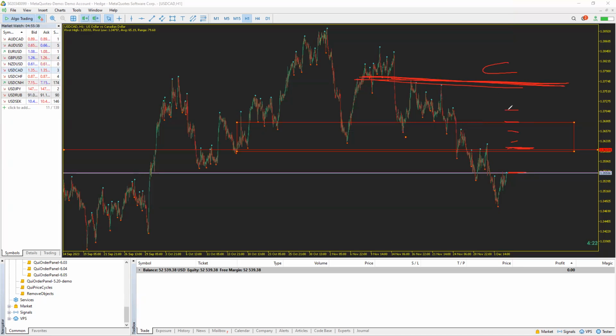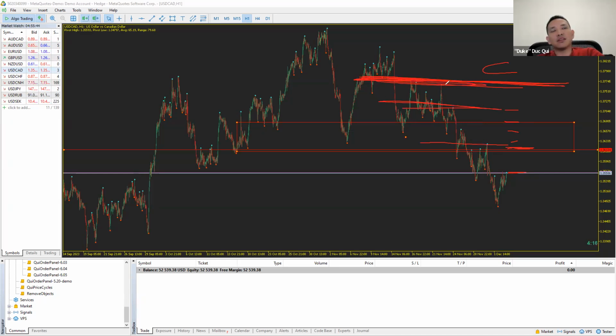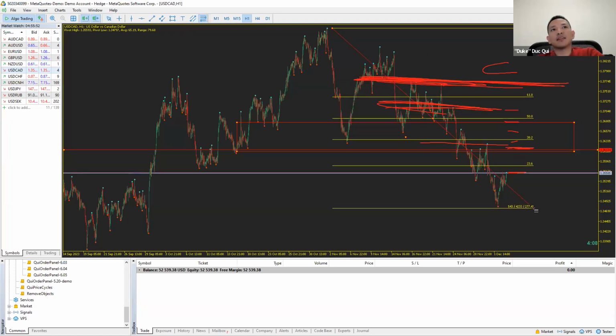Because by this time, it's broken 1, 2, 3. It's probably not coming back. Because at that point, if you fib this, look what happens. It's past 62%. Does that make sense? Yeah.